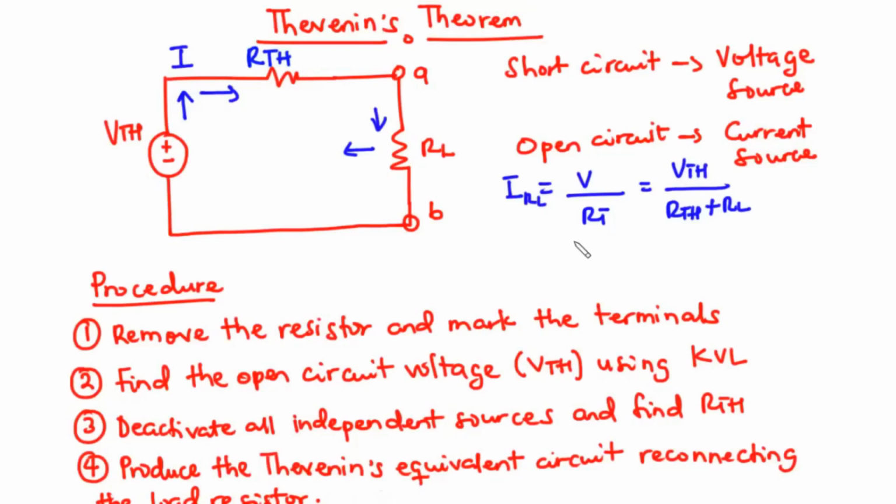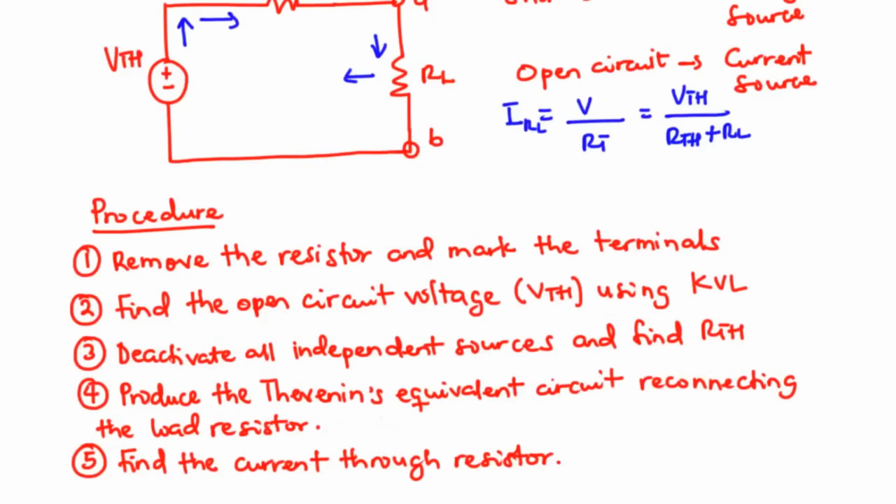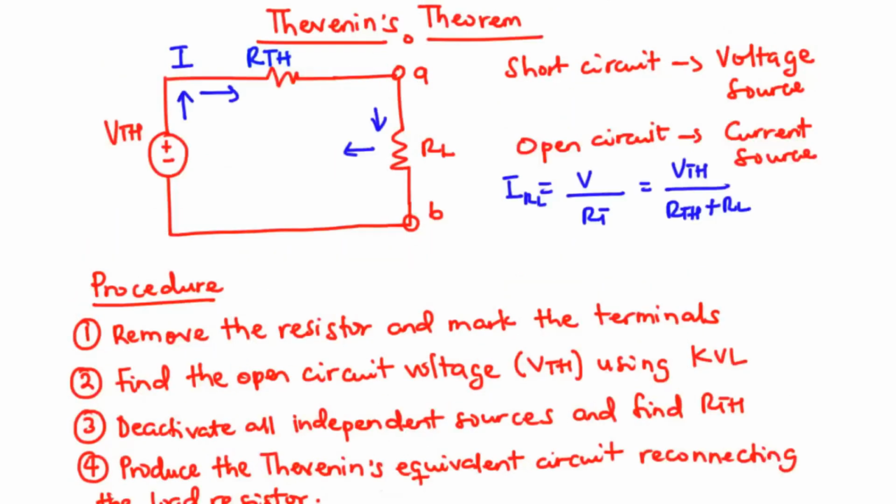Now let us see how we arrive at the values of VTH and RTH and then RL. To do so, we are going to use the steps outlined below. Given any linear network connected between two terminals, the first thing we need to do is remove the resistor through which we want to find the current flowing and then mark the terminals. Secondly, we need to find the open circuit voltage, that is VTH, using Kirchhoff's voltage law.